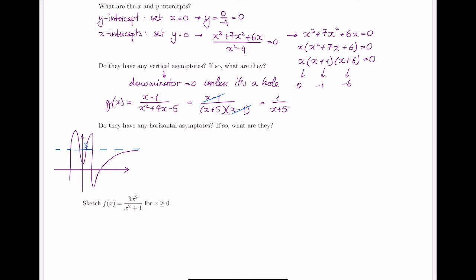So the horizontal asymptotes are then, of course, dictated by the end behavior of the actual function, or for the values of x as they approach infinity and negative infinity. And this is something that we've discussed in terms of polynomials.